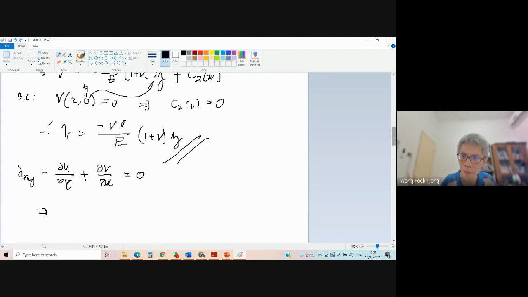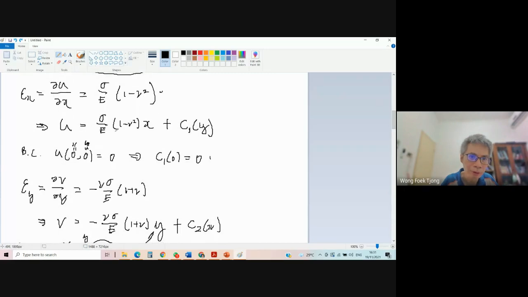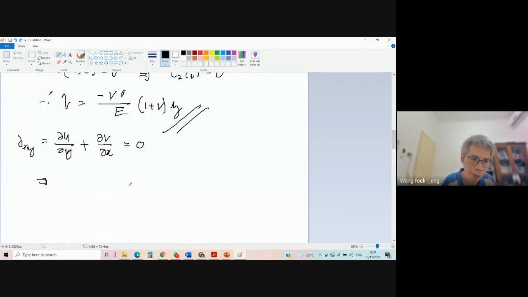What is u? u is this one, right? I take the derivative with respect to y, so it becomes C1 prime of y. This becomes 0, right? Equals 0. In other words, C1 prime of y equals 0. The first derivative with respect to y equals 0.